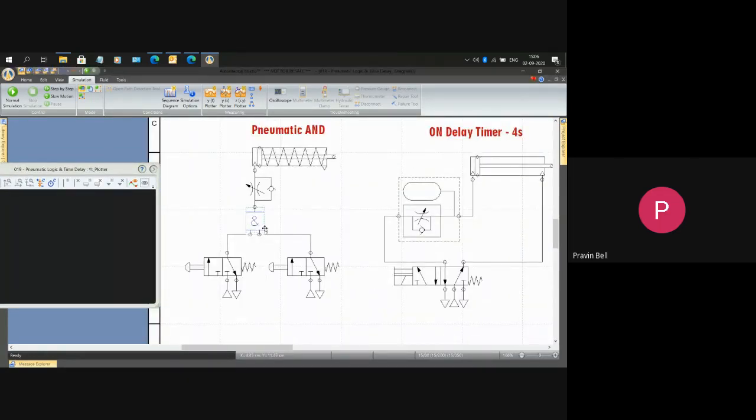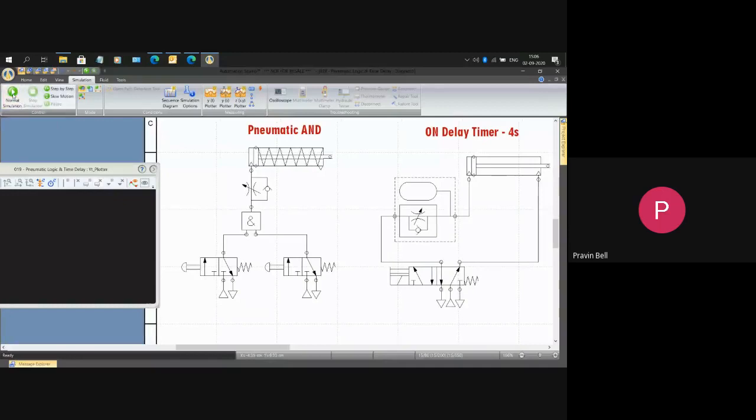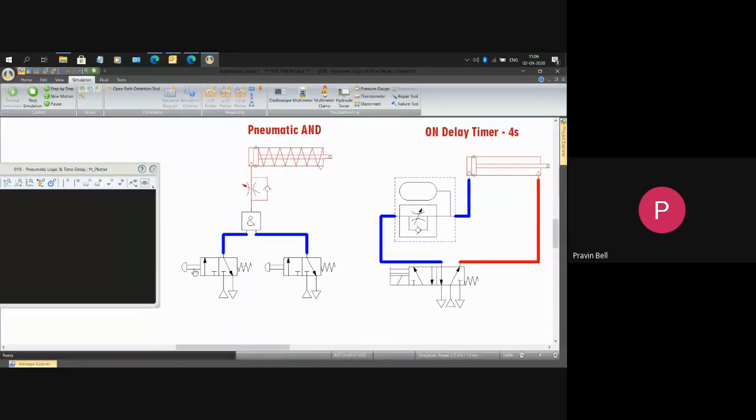For example, this is an AND combination pneumatic valve, and I'll simulate this particular circuit. So only when both the inputs are on will this valve operate. This is the AND operation here. So both the input sources have to be turned on. So this is the AND operation.